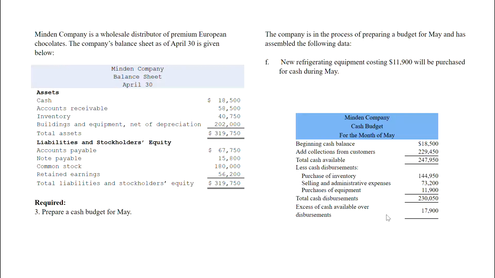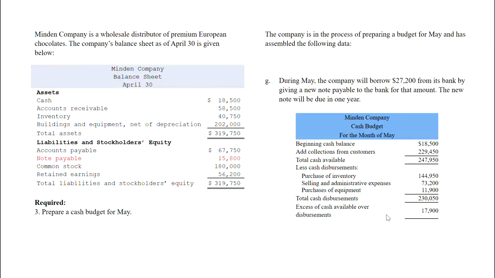Was there any specific borrowing for this company? So again, we'll start searching through our problem. Well, one thing we can look at is saying, okay, we did have, as of the end of April, notes payable of $15,800. So we have to consider, did we make any payments for that? We also have to read through our scenario. Point G seems relevant to this particular financing section.